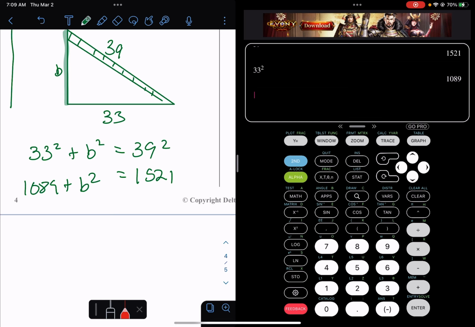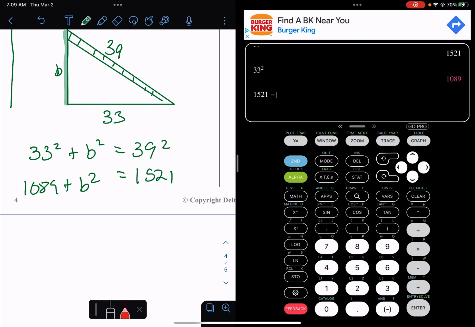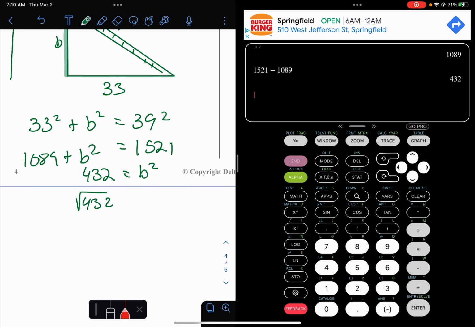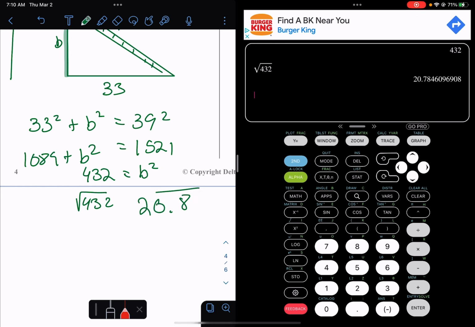So we're going to do this one minus this one, and we get 432 equals b squared. Take the square root, we get the square root of 432. Now, they just want a decimal to the nearest tenth, so we just take the square root, which is going to be 20.8.